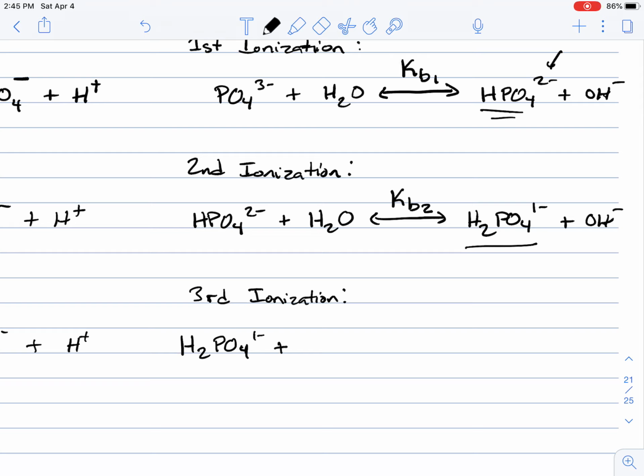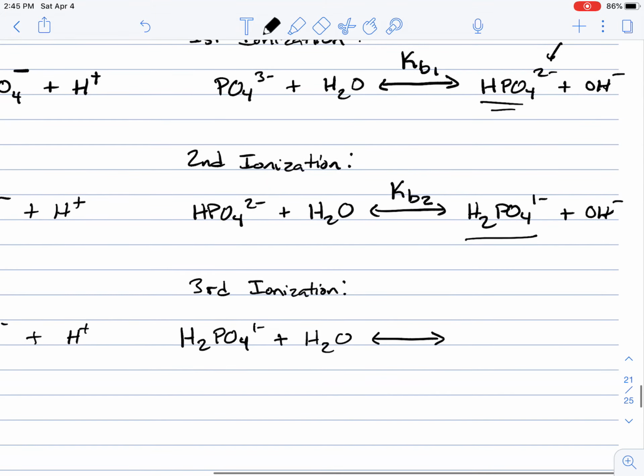And since we're talking about a base, the ionization occurs when a hydrogen from a water molecule is separated and goes to the base. So that's going to be Kb3. And the result of that is going to be H3PO4 plus another hydroxide.